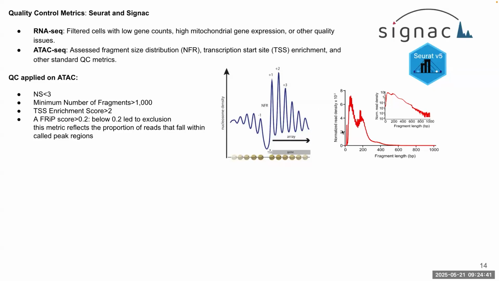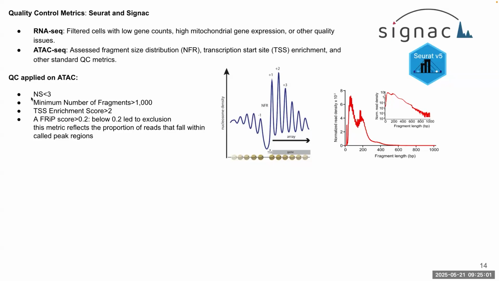When we translate these analyses into a normalized density of the fragments, we can clearly see that we are expecting to see the nucleosome-free region at around 100 base pairs. We can also identify the first mononucleosome signal and so on.